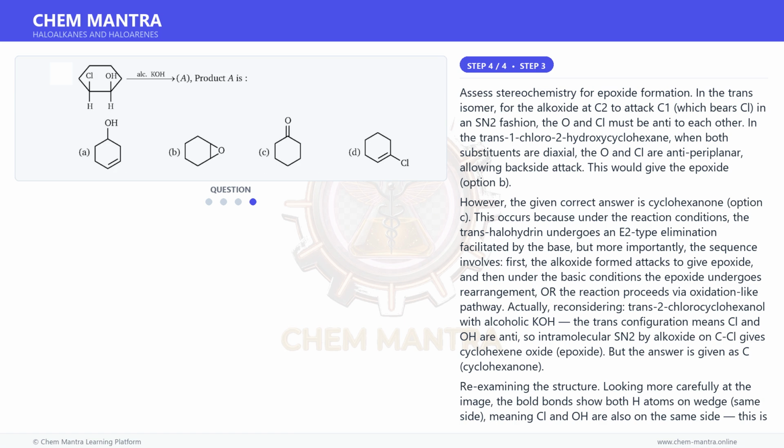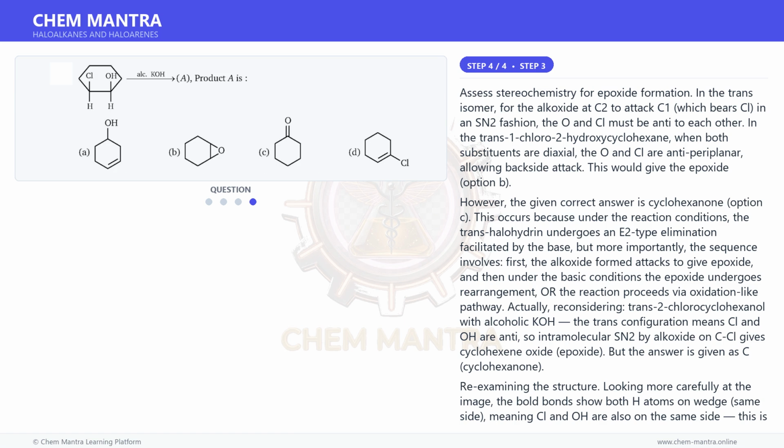Actually, reconsidering trans-2-chlorocyclohexanol with alcoholic KOH, the trans configuration means Cl and OH are anti, so intramolecular SN2 by alkoxide on C-Cl gives cyclohexene oxide, epoxide. But the answer is given as C, cyclohexanone.